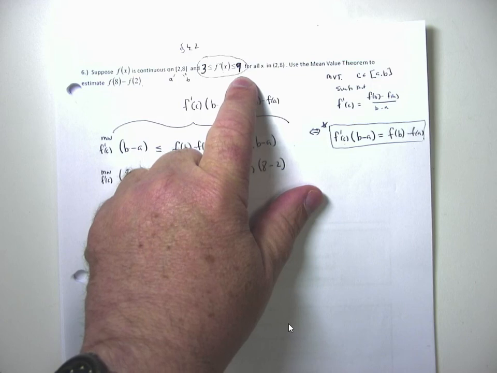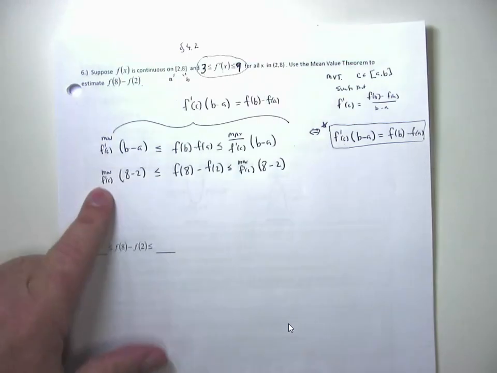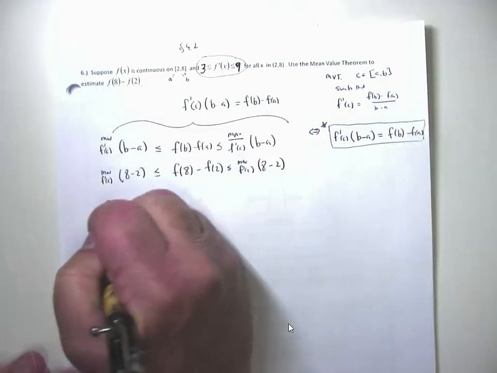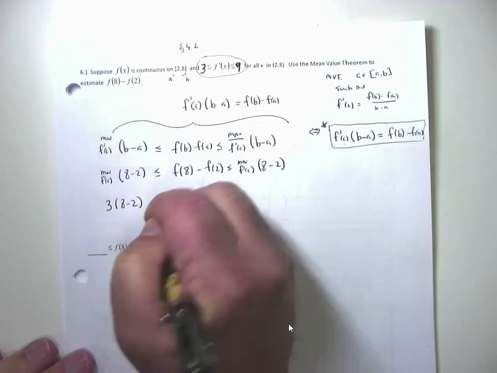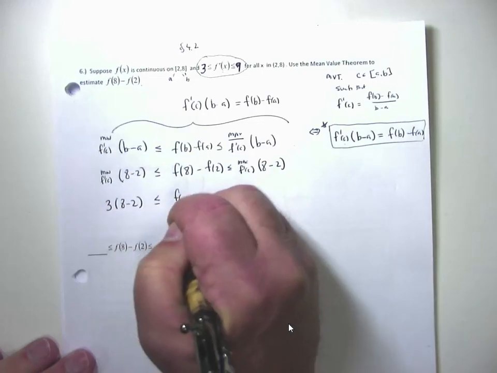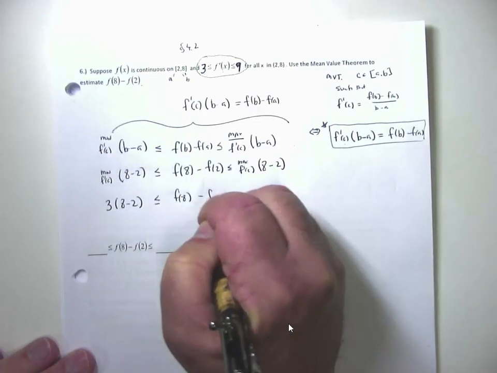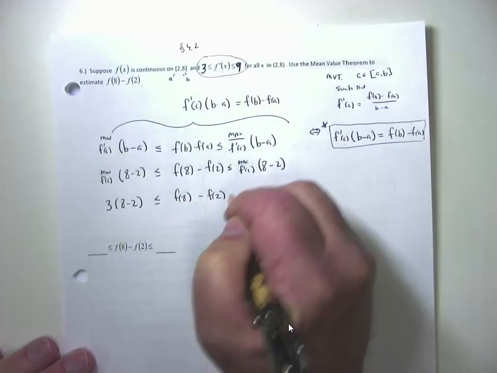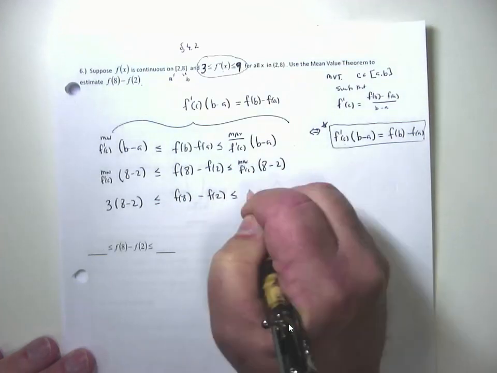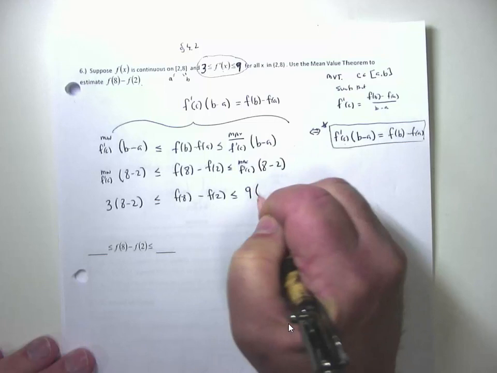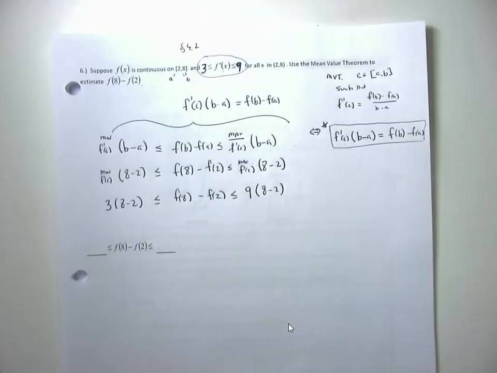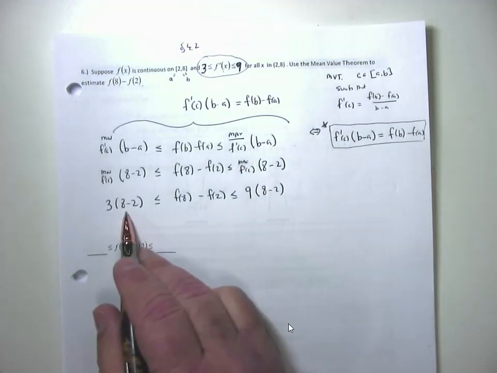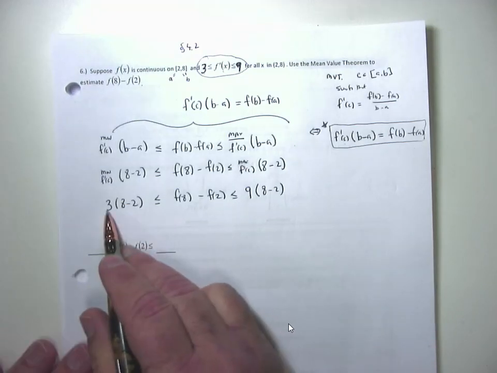Does that make sense? So the minimum value would be 3, so it would be 3 times 8 minus 2 is less or equal to f of 8 minus f of 2, which is less or equal to the maximum value, which was 9, times 8 minus 2. Now all I got to do is basically do some arithmetic. What's 8 minus 2? 6, and what's 6 times 3?